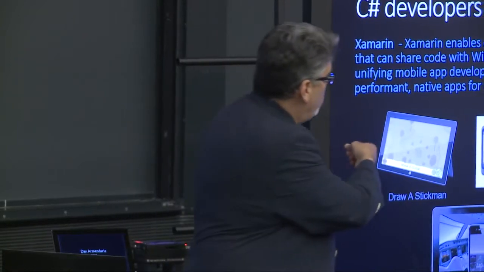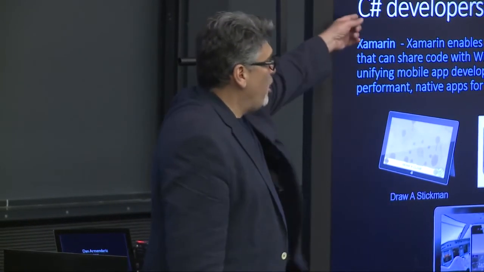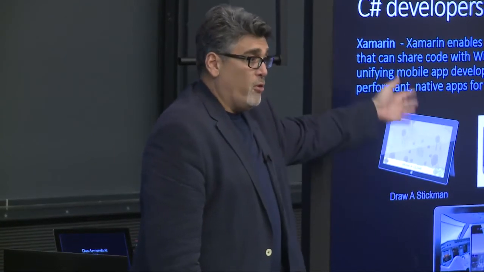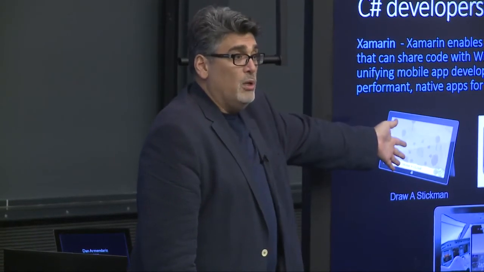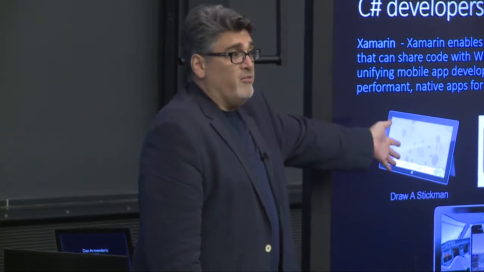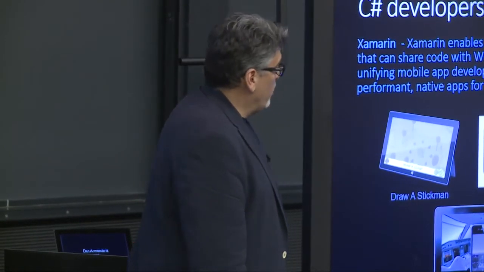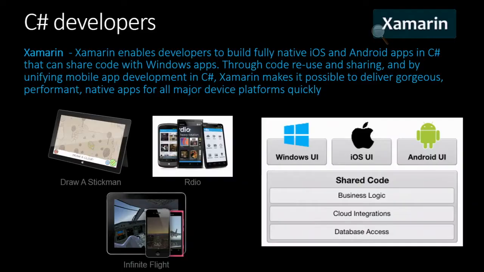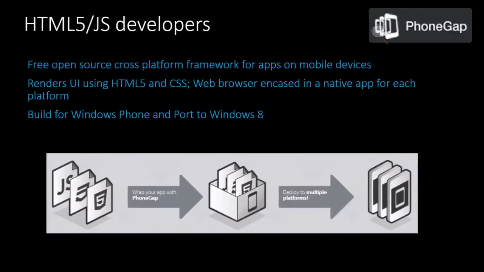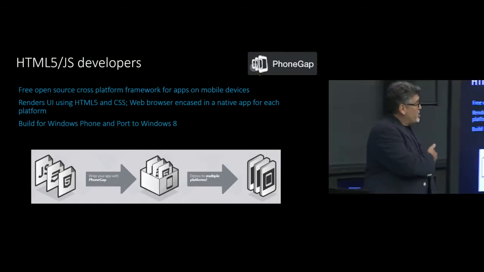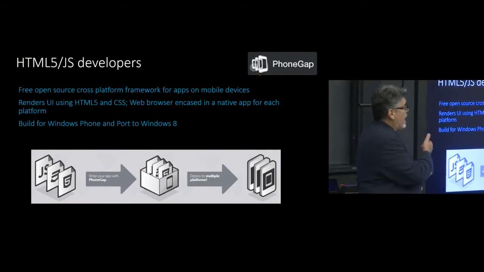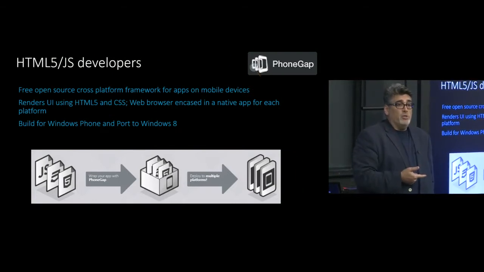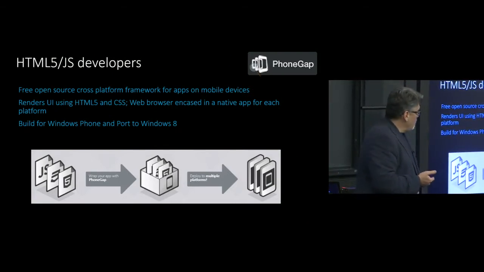Could be cross-platform with something like Xamarin, which means you're going to develop in C#, and you can actually do debugging in Visual Studio for Android and for Apple and for Windows. So it's a great development experience. They've got a great product here. A lot of applications are beginning to take advantage of that. Earlier stated, your HTML5 developer, PhoneGap, fantastic option for a cross-platform solution. All right?